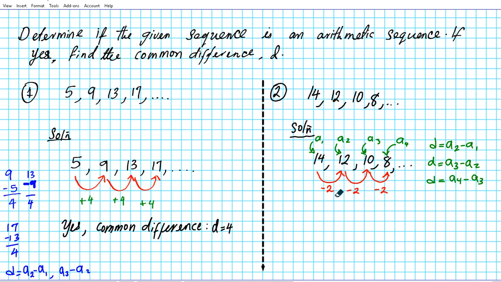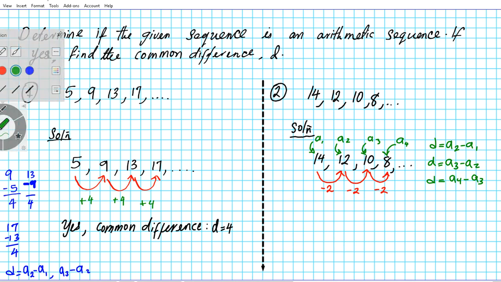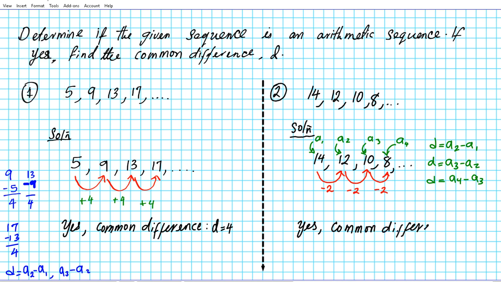So since the difference between any two consecutive terms is exactly the same, ladies and gentlemen, we have an arithmetic sequence. So the answer is yes, it's an arithmetic sequence. And the common difference, which is D, is -2.